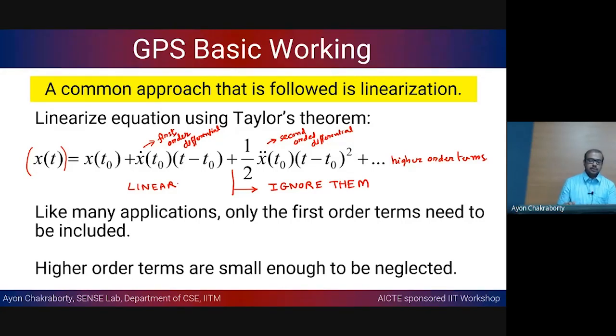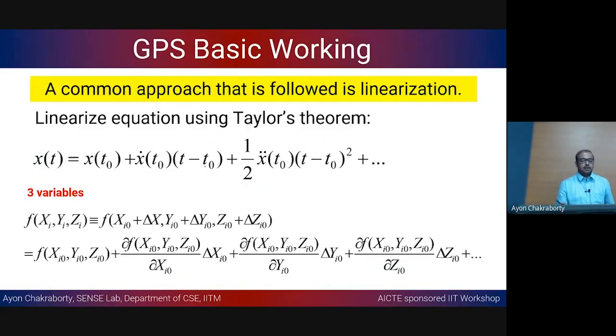So just keep in mind that we are going to expand x of t as x of t naught plus x dot of t naught multiplied by t minus t naught. That is the takeaway from Taylor's theorem which we will be using for linearizing our equations.